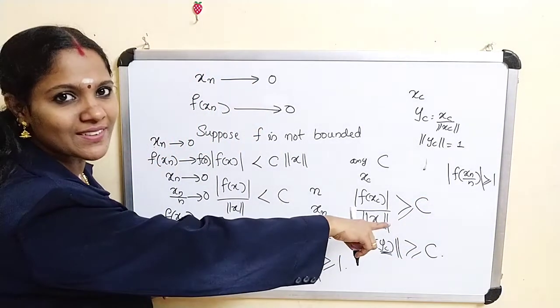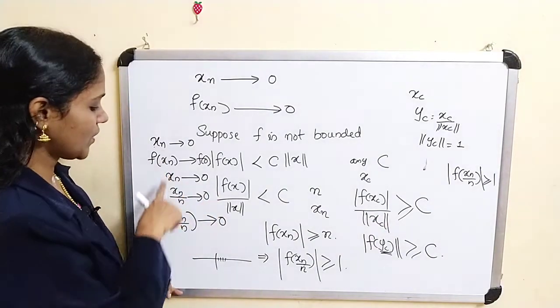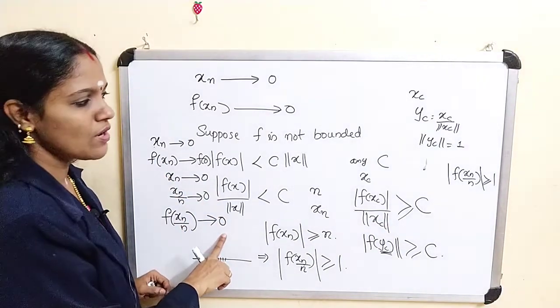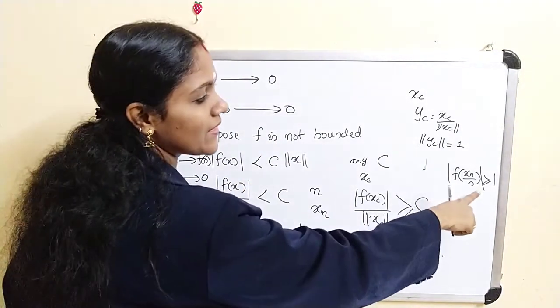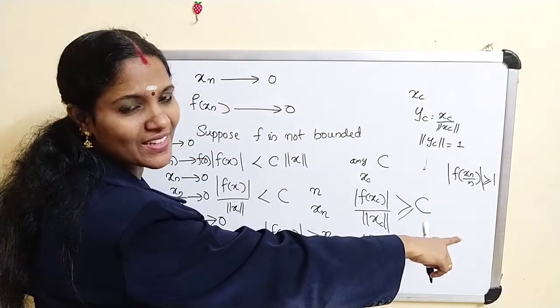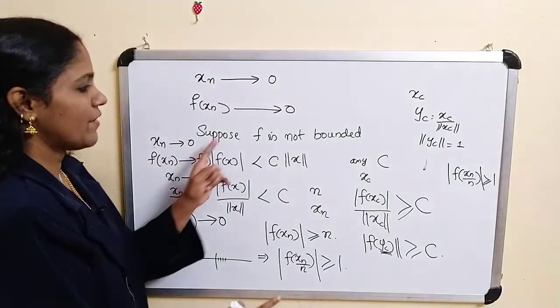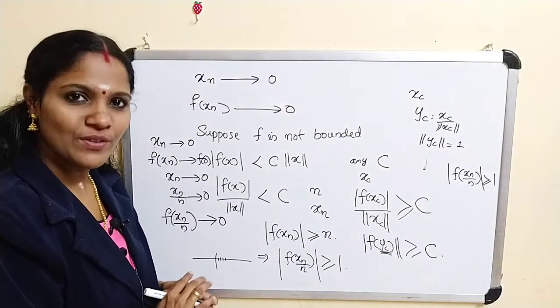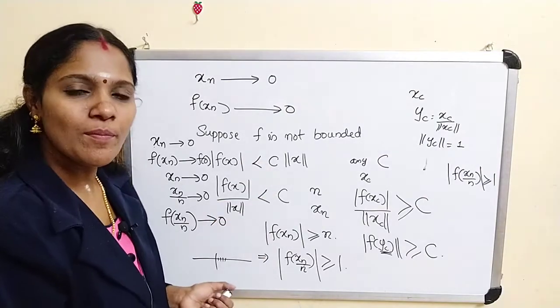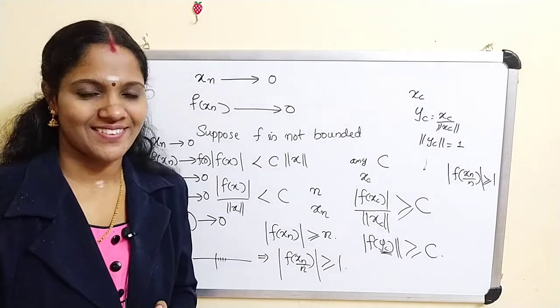That is a contradiction. By our continuity this must tend to 0, but by this assumption we get this is greater than or equal to 1. Therefore f must be a bounded linear function.